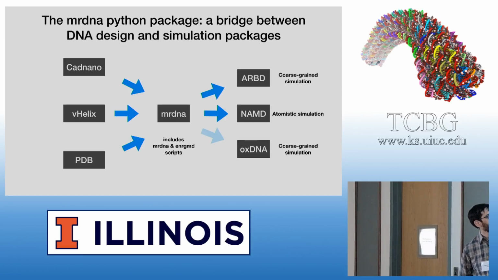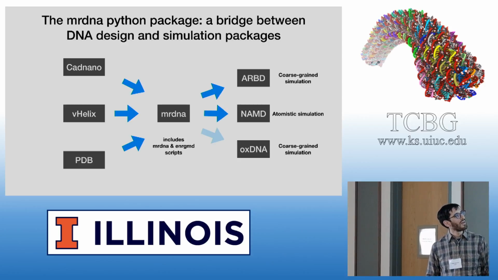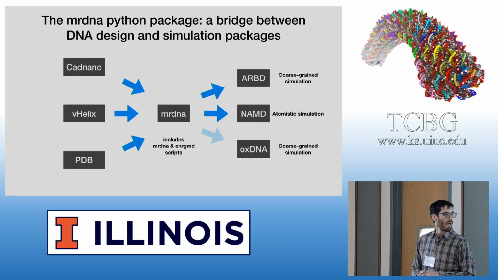You have a Python package called mrdna, or multi-resolution DNA, that includes a couple of scripts that can be used to run coarse-grained simulations or atomistic simulations with our center's software ARBD and VMD, respectively.